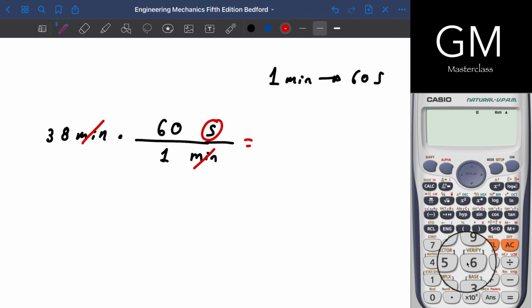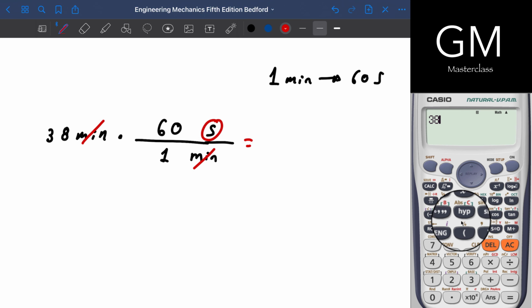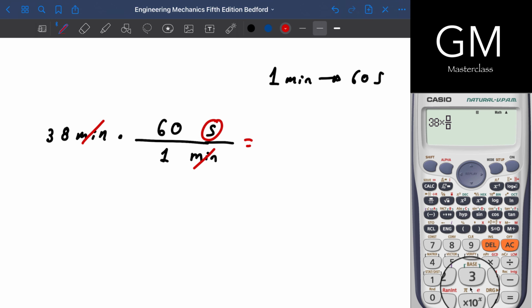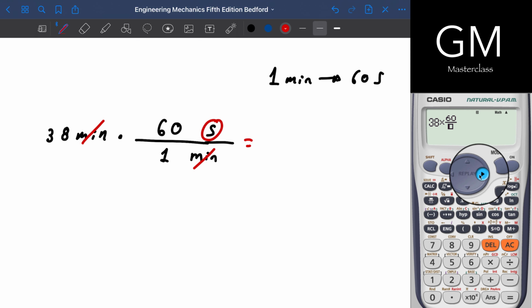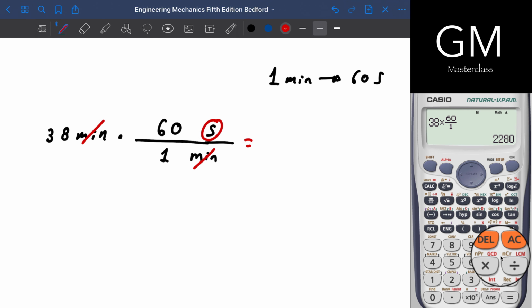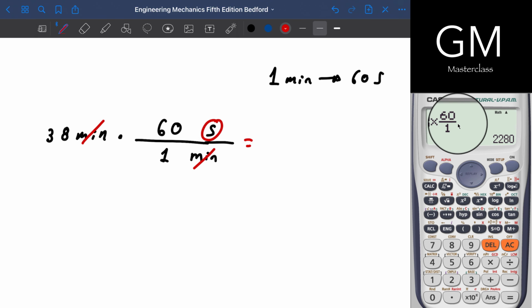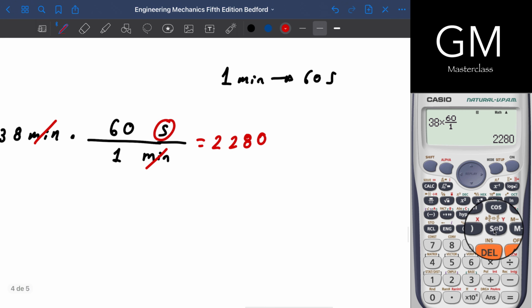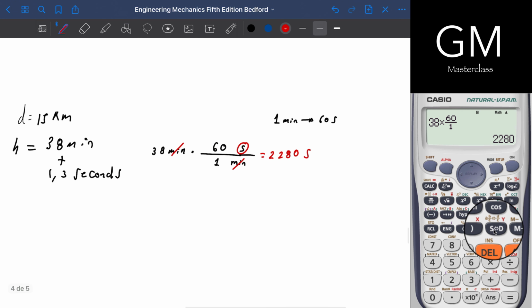So in the calculator, 38 multiplied by 60 divided by 1 is 2,280 seconds.